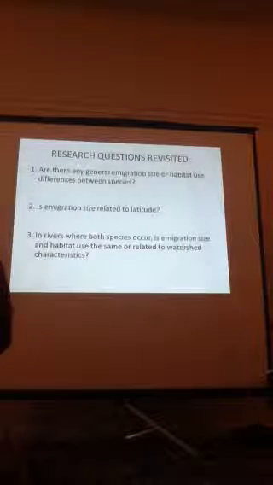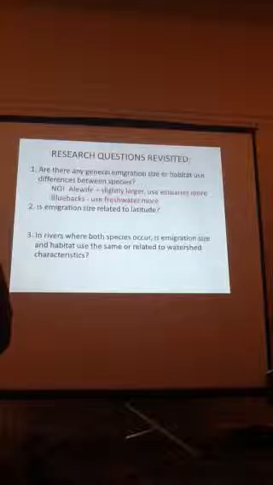So just to wrap things up, were there differences in emigration size? No, not statistically, but alewife were slightly larger in a lot of the cases. And what's interesting is that alewives were using estuarine habitats quite a bit more than blueback herring, and more blueback herring were using strictly freshwater nurseries.